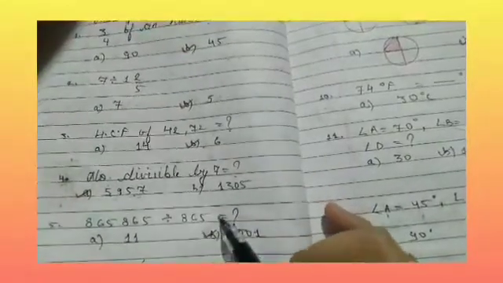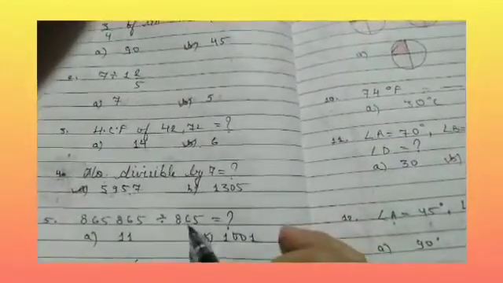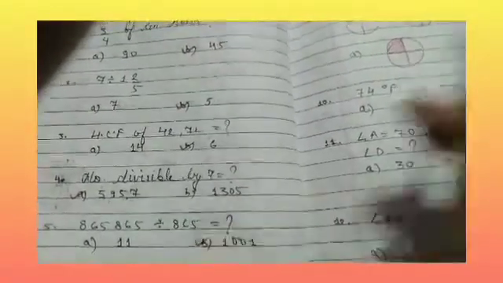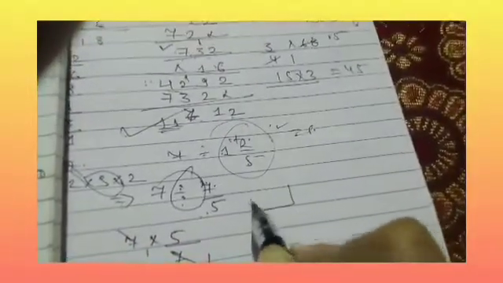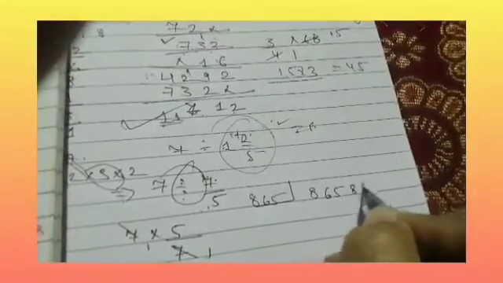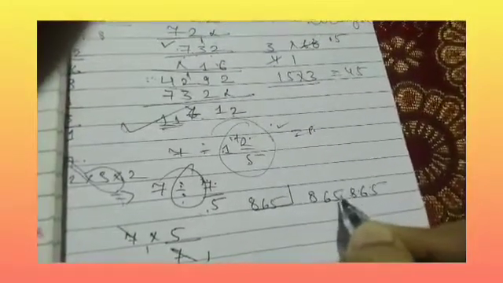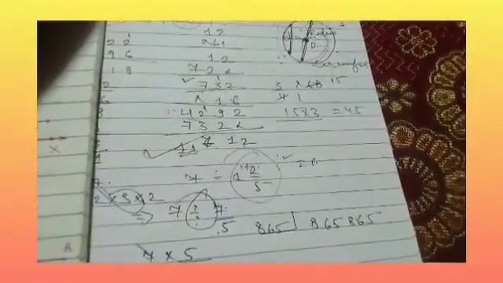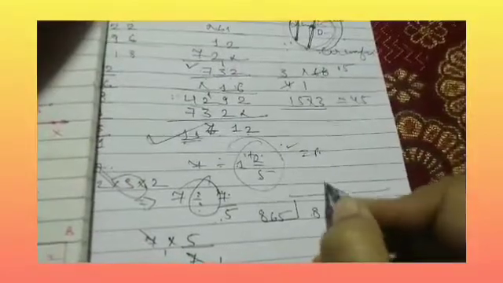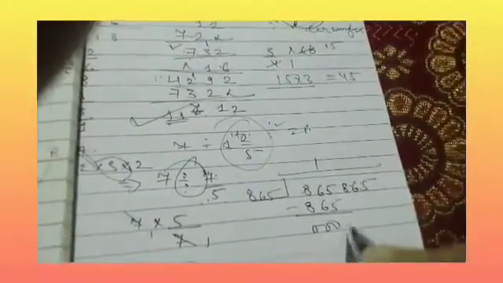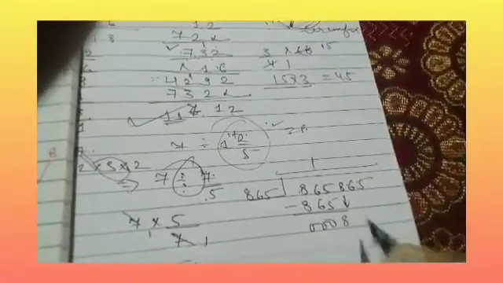865 divided by 865. So 865 ones are 865. Now remainder is 0. So we have to copy down. See, 865 and here 865, 865 ones, 10, 100, 10,000, lakh, 8,65,865. So remainder is 0. Now we have to copy down 8.